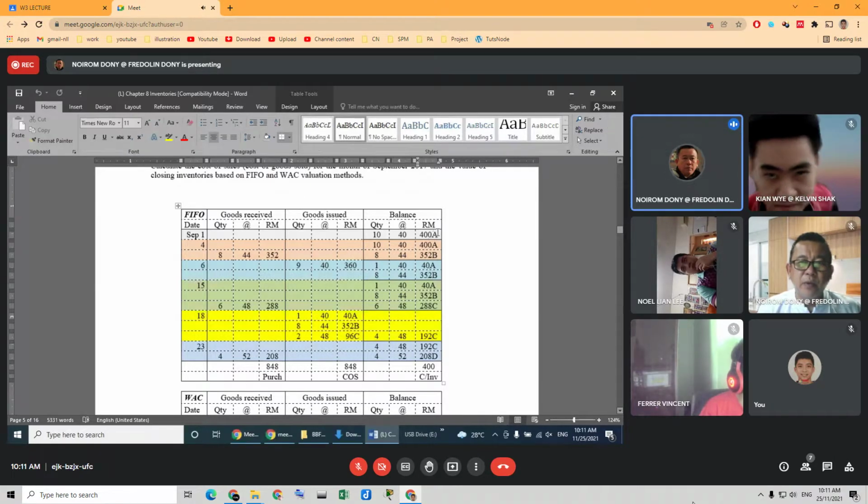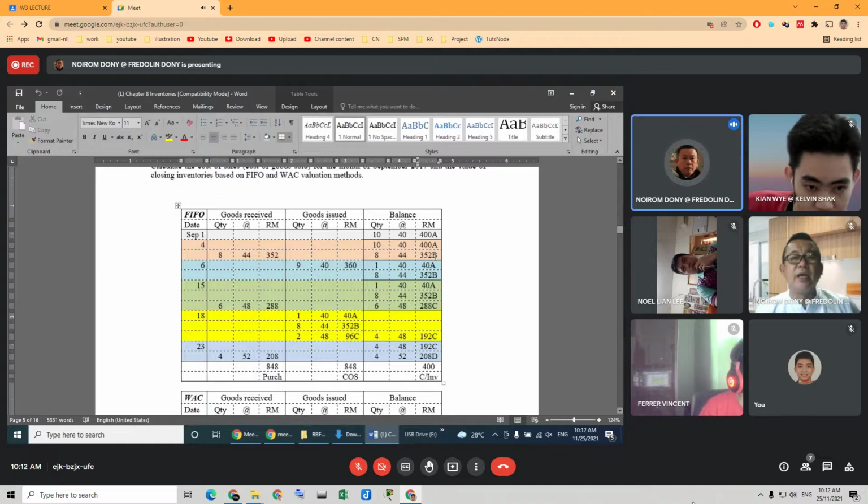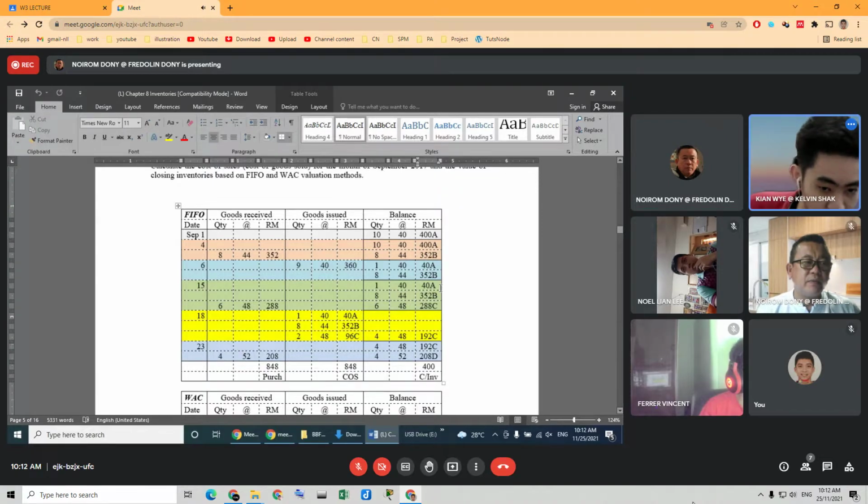And what about the B? Where does this B come from? Coming from the previous balance. Easy reference only, so you don't have to write it. Reference only.